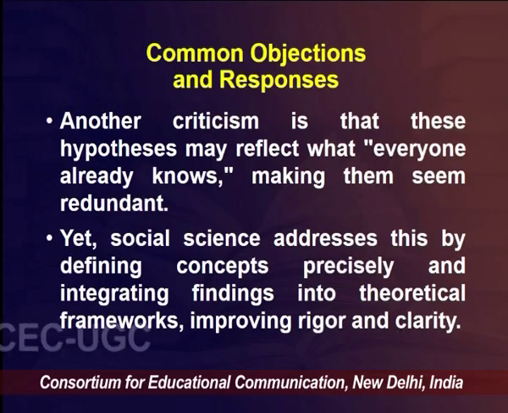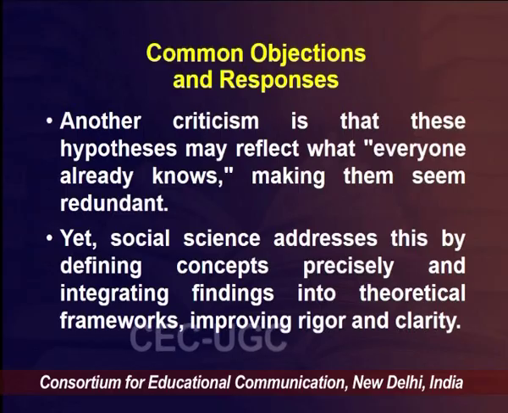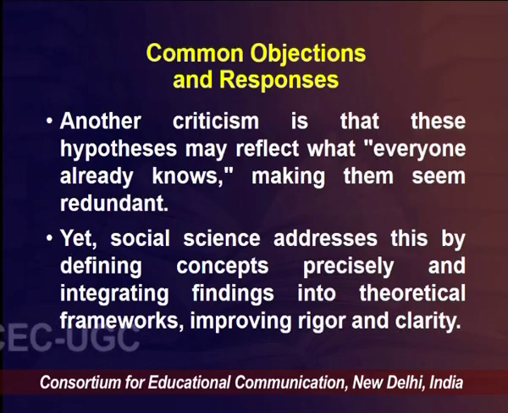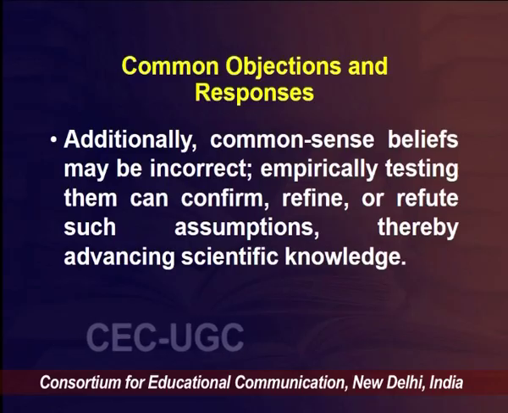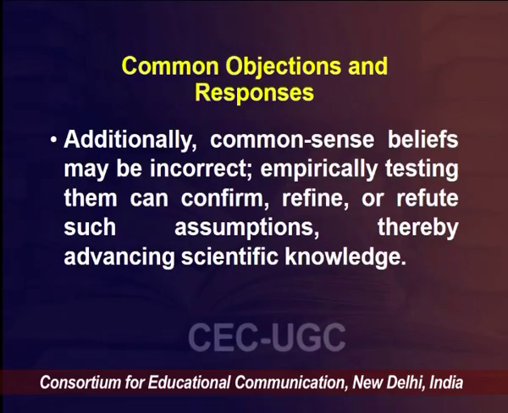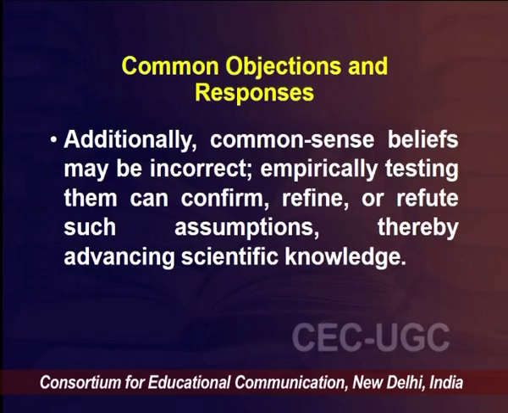Another criticism is that these hypotheses may reflect what everybody already knows, making them seem redundant. Yet, social science addresses this by defining concepts precisely and integrating findings into theoretical frameworks, improving rigor and clarity. Additionally, common sense beliefs may be incorrect.